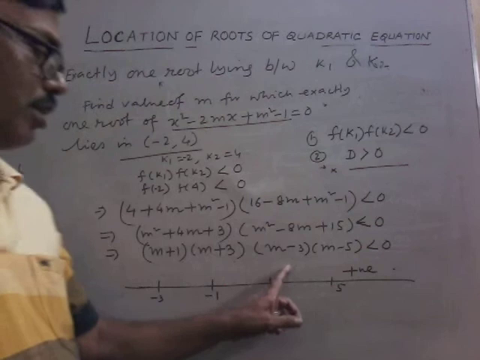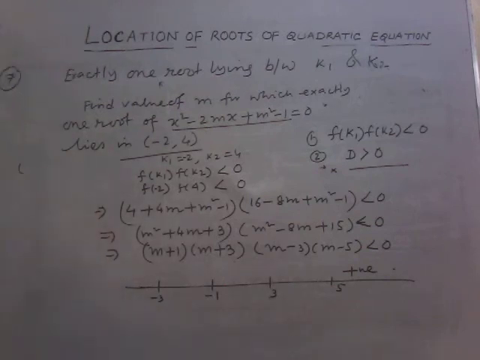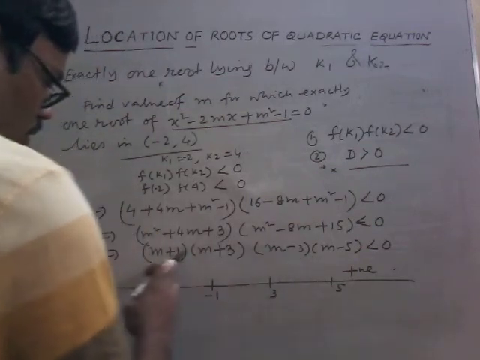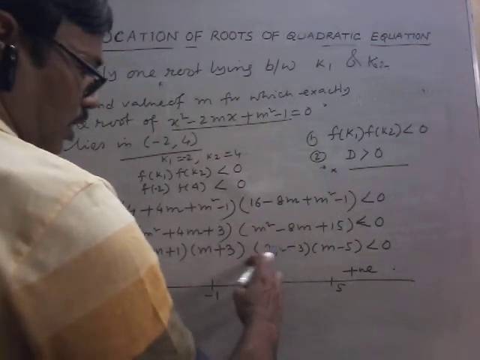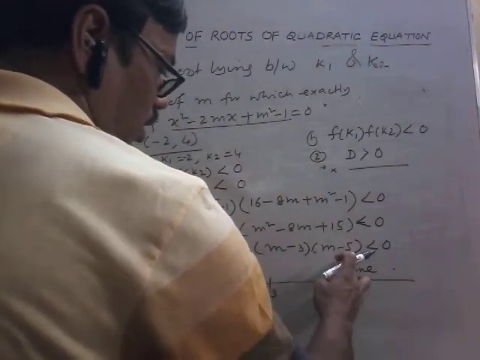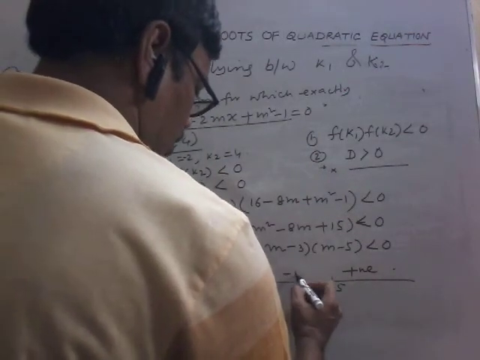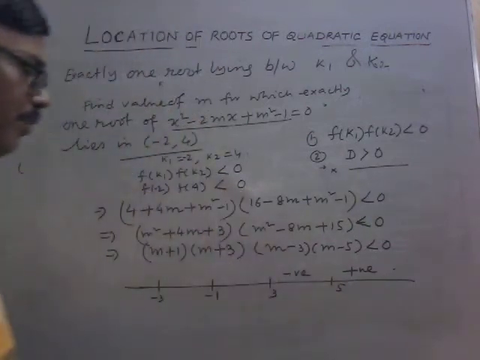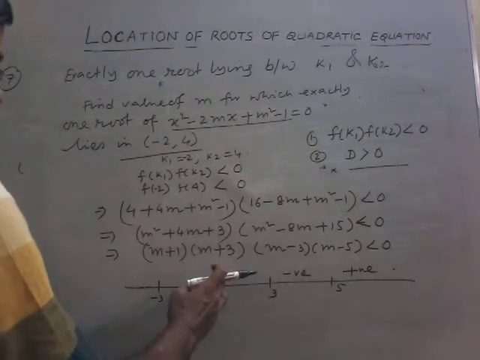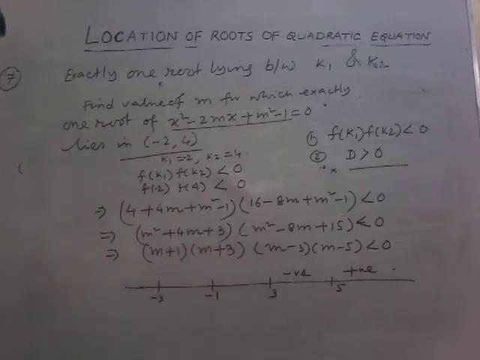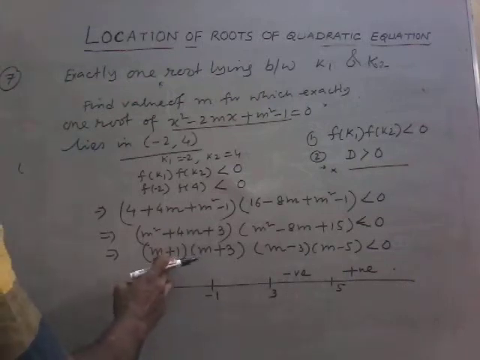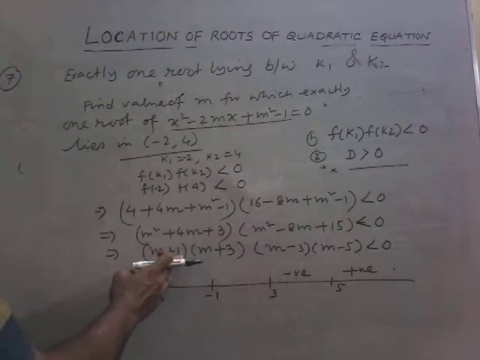And in between 3 and 5, suppose 4, this is positive, this is positive, only this one is negative. So this is negative. And if you take a value between -1 and -3, that is -2, this is negative, this is positive.